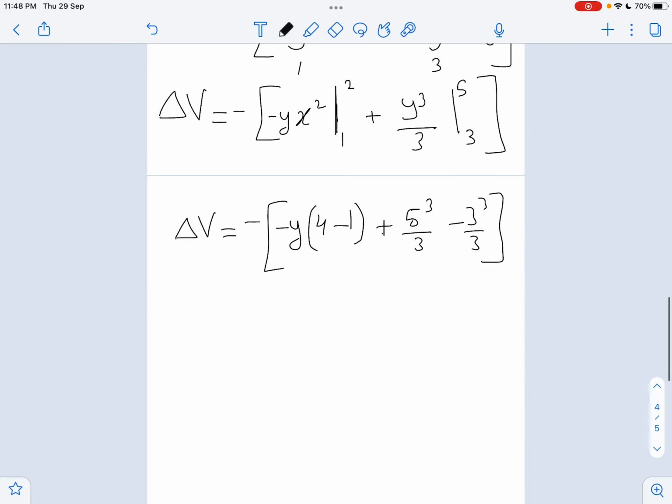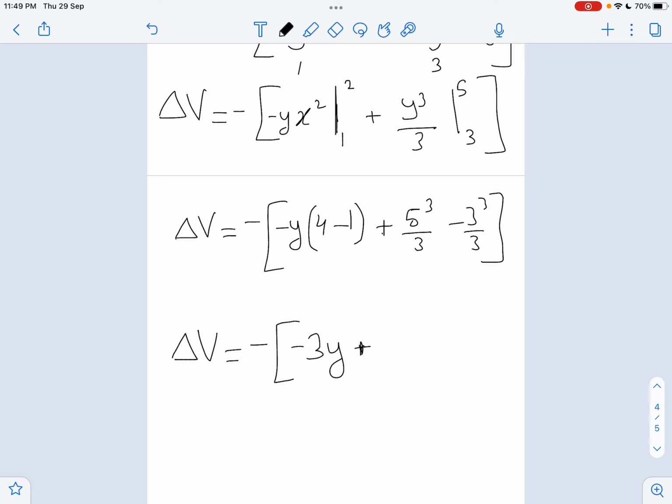So delta V is going to be minus 3y, and here you will have 5 cubed, which is 125, minus 27, over 3.